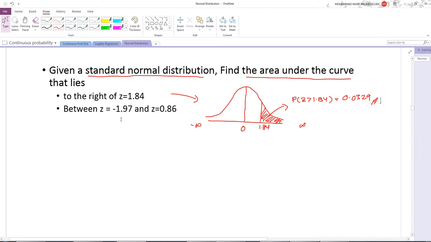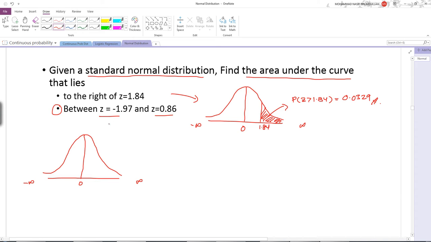Right. So now let's look at the second question, between negative 1.97 and 0.86. We need to draw a standard normal distribution curve, from negative infinity to infinity.